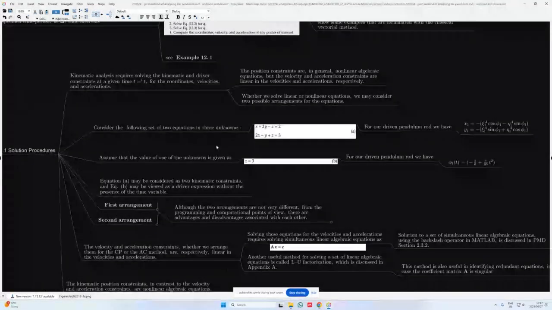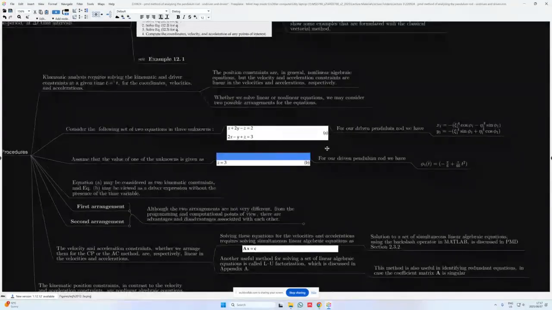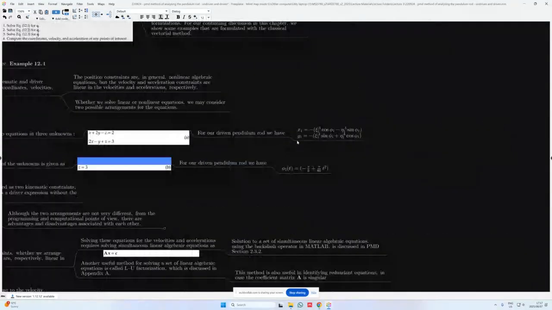So we can consider a simple set of two equations, a linear set of equations that we have available in three unknowns. So we have x plus 2y minus z is equal to 2, 2x minus y plus z is equal to 3. In the case of our driven pendulum rod, we can rewrite this as saying x1 is equal to, and then we have this combination of the transformation matrix with the local coordinates.